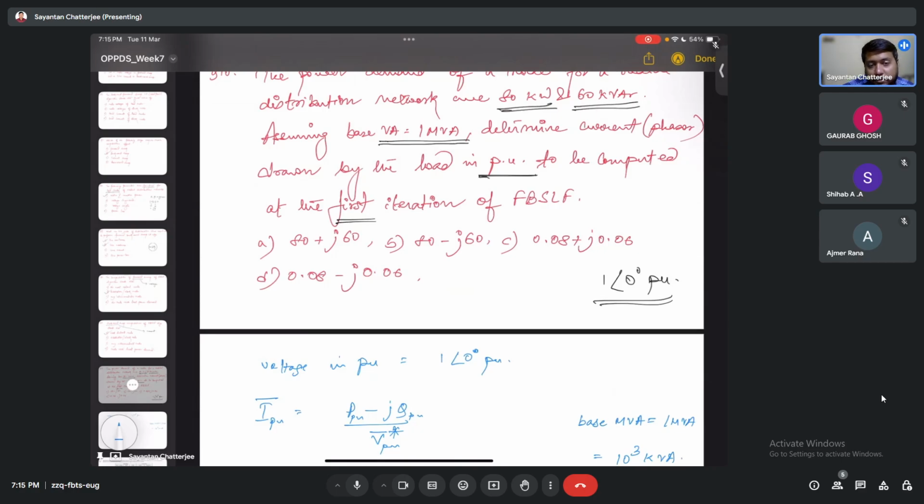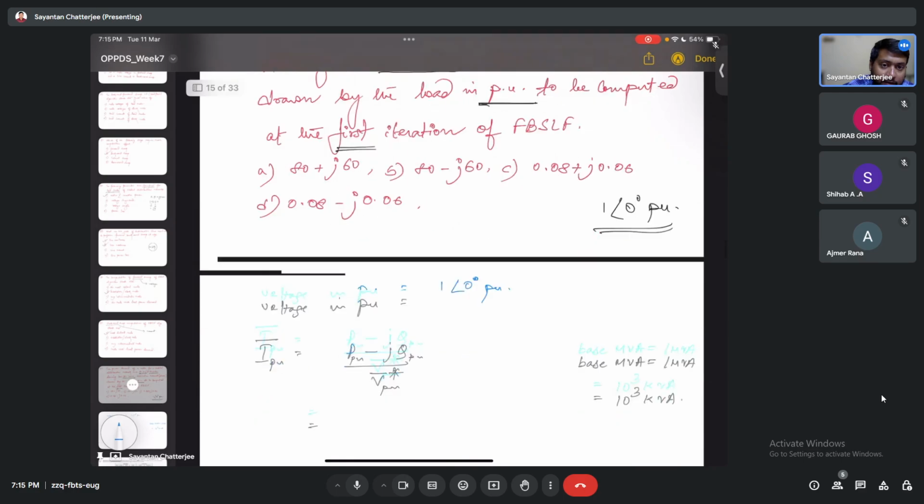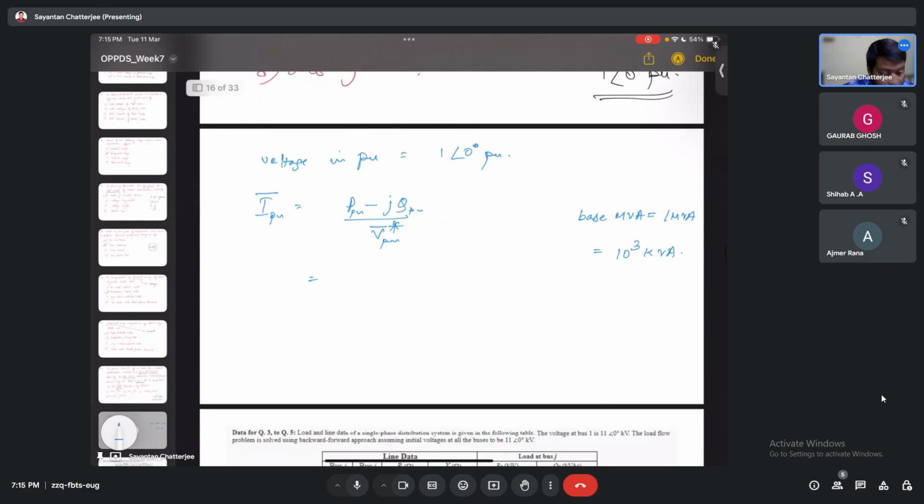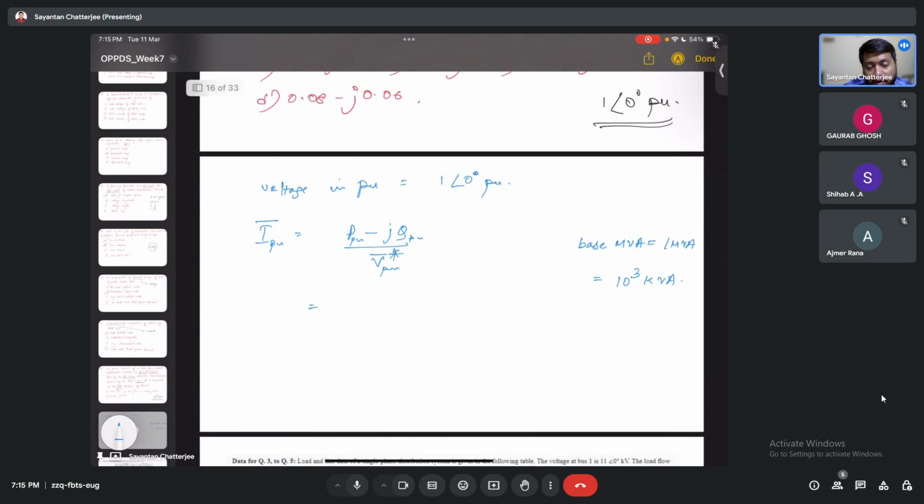If you convert it to per unit, we just need to divide 80 by 10 to the power 3. That will give the same value in per unit for the kilowatt. So from kilowatt to per unit, just divide it by the base kVA. It will convert the values to per unit values.